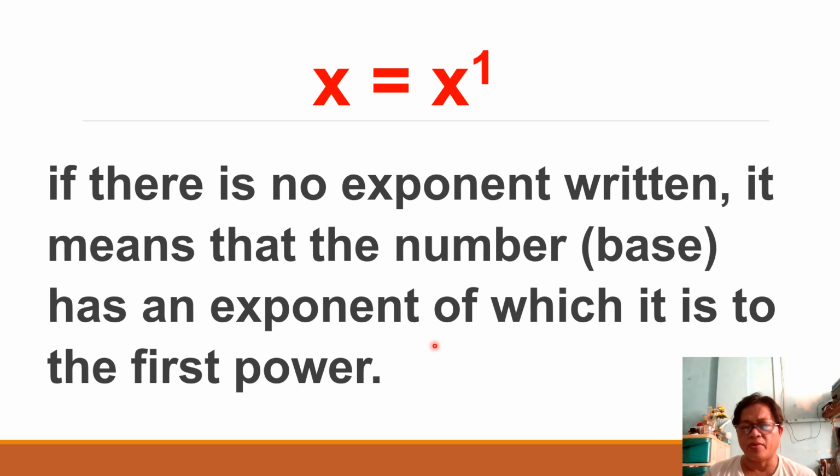For example, 2 has an exponent of 1. 3 has an exponent of 1. 5 has an exponent of 1. It's the same also when you see letters or variables written. It has an exponent raised to 1.